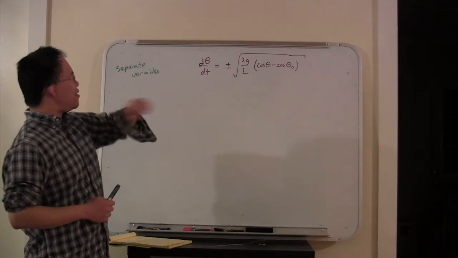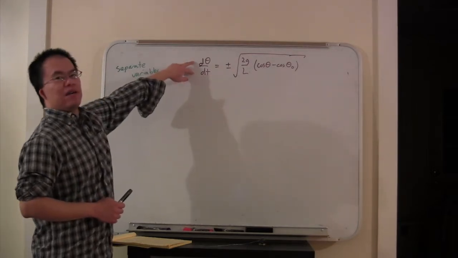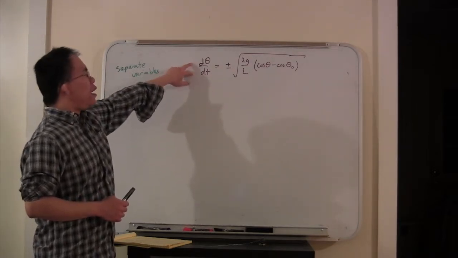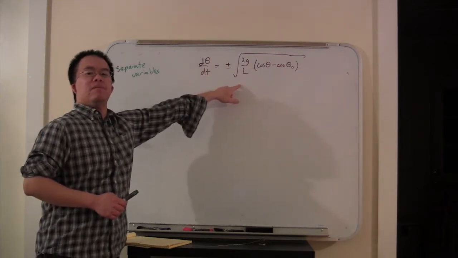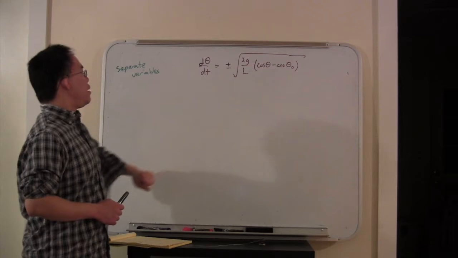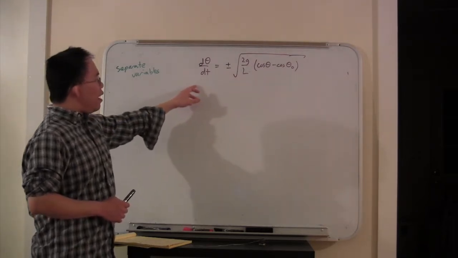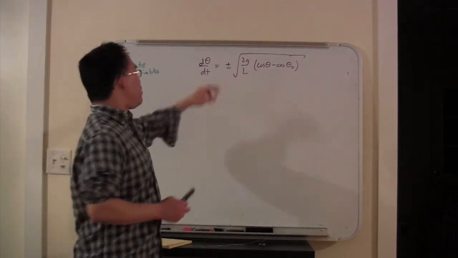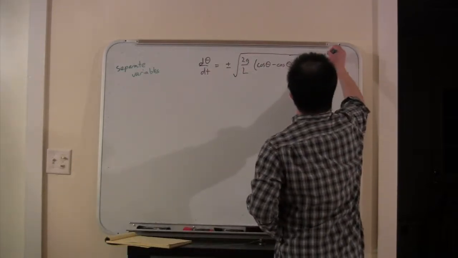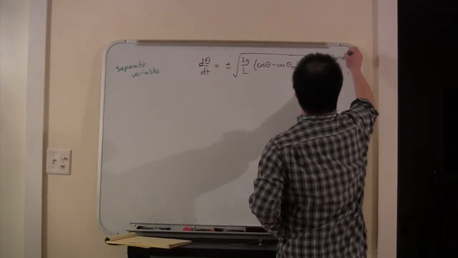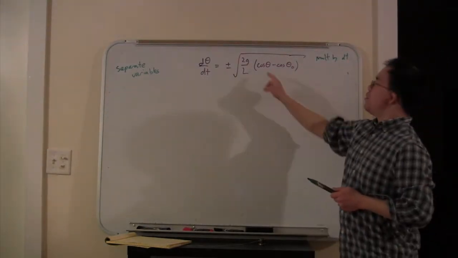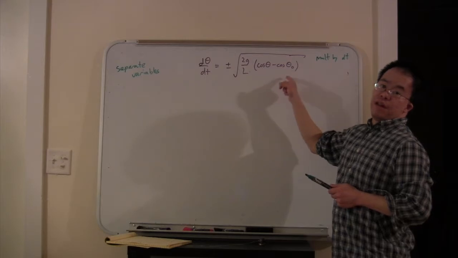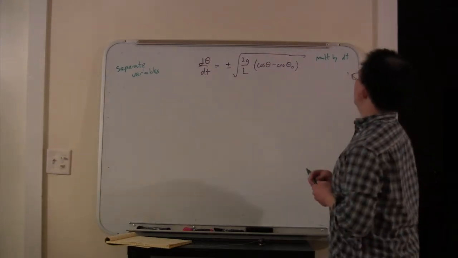And what that means is if I treat this like an ordinary fraction, I'm allowed to actually multiply both sides of this equation by dt, and I'm also going to divide both sides by all the stuff that depends on theta.